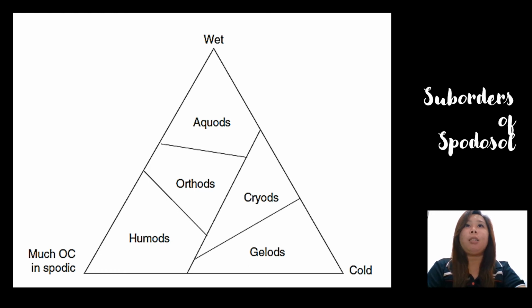These are not as poorly drained as aquods and have spodic horizons containing 6% or more organic carbon. And then we have the orthods, the last one. These are soils that are better drained with a spodic horizon containing less than 6% carbon.